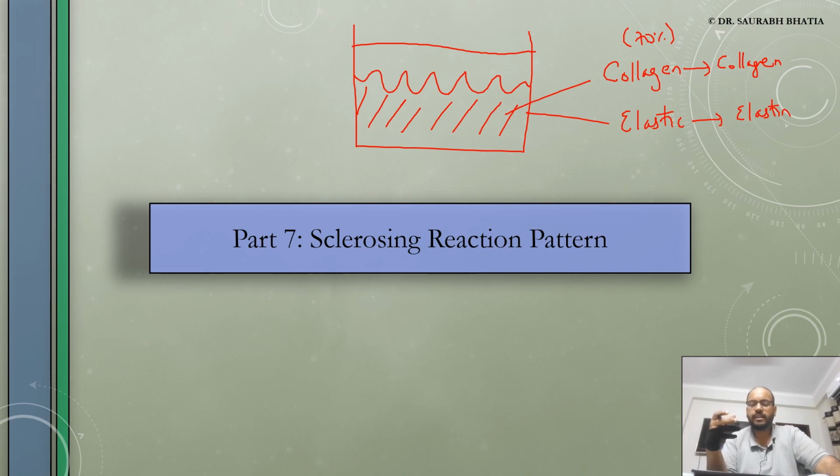So any disorder that presents as a sclerosing reaction pattern will have a problem in collagen or elastin, and most of the time it is both of these that are affected, but majorly collagen becomes collagenous disorders, while majorly elastic will become disorders of elastic fibers.